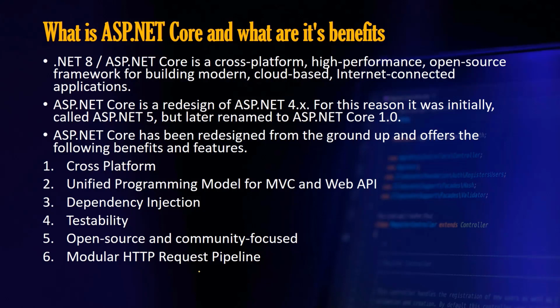The second point is a unified programming model for MVC and Web API. With ASP.NET Core, that is .NET 8, we use the same unified programming model to create MVC-style web applications and ASP.NET Web API.